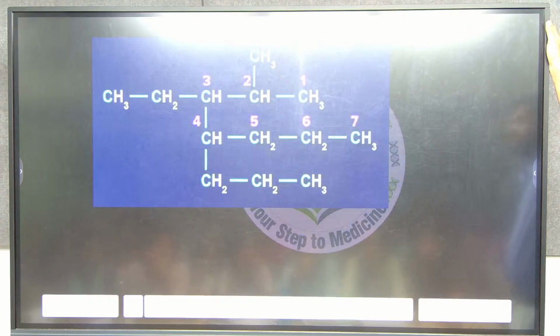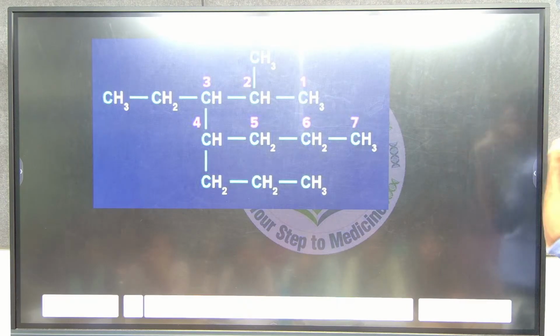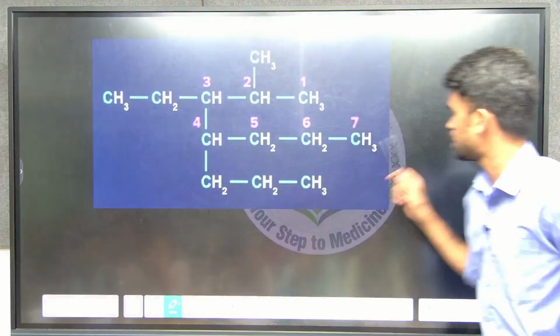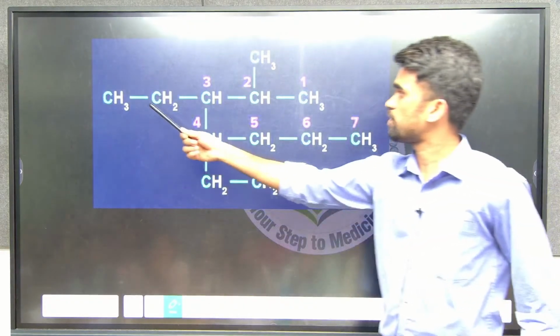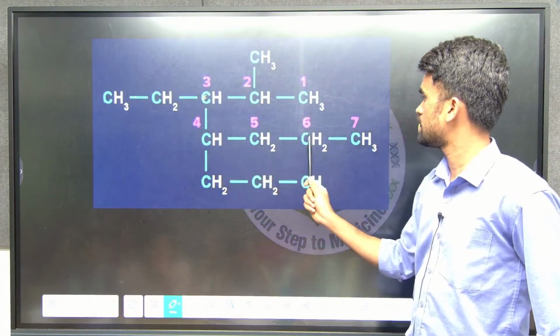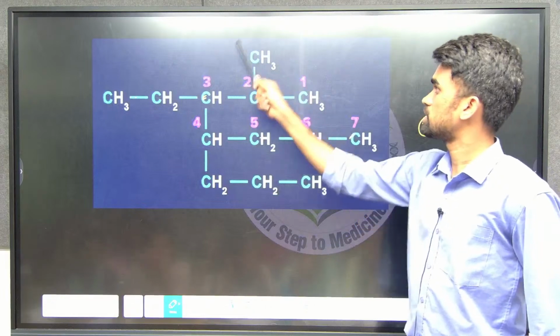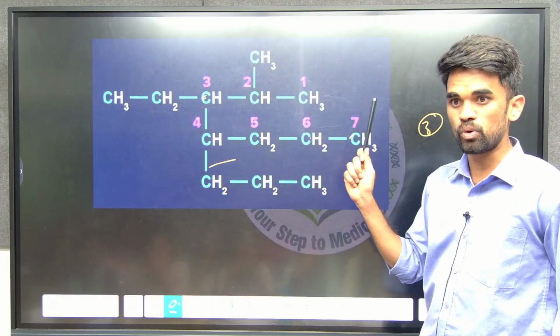How many branches are there? If it is followed like the pink color numbering, it is 3 branches. Like that, try to give the numbering another way if possible. So if I start from here, 1, 2, 3, 4, 5, 6, 7. So the same. This is one chain, this is another chain. 2 branches only. No, 3 is more number of branches.